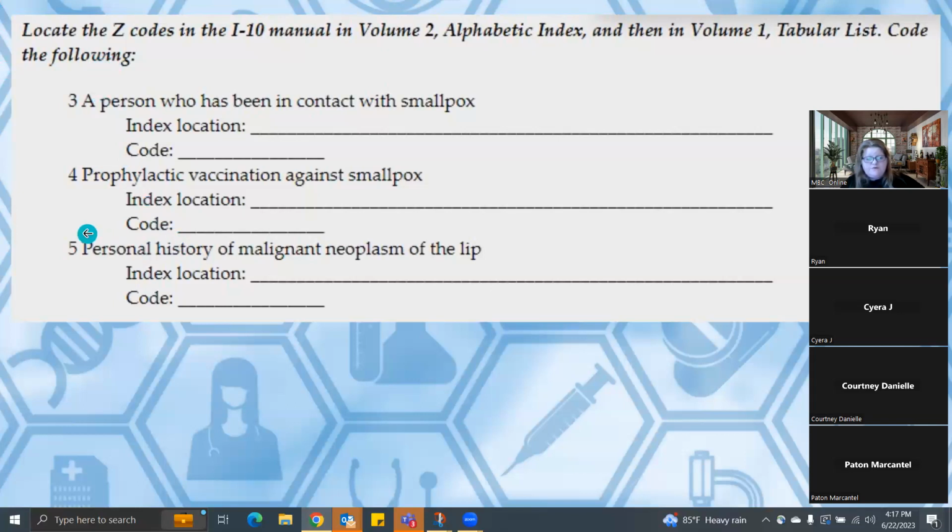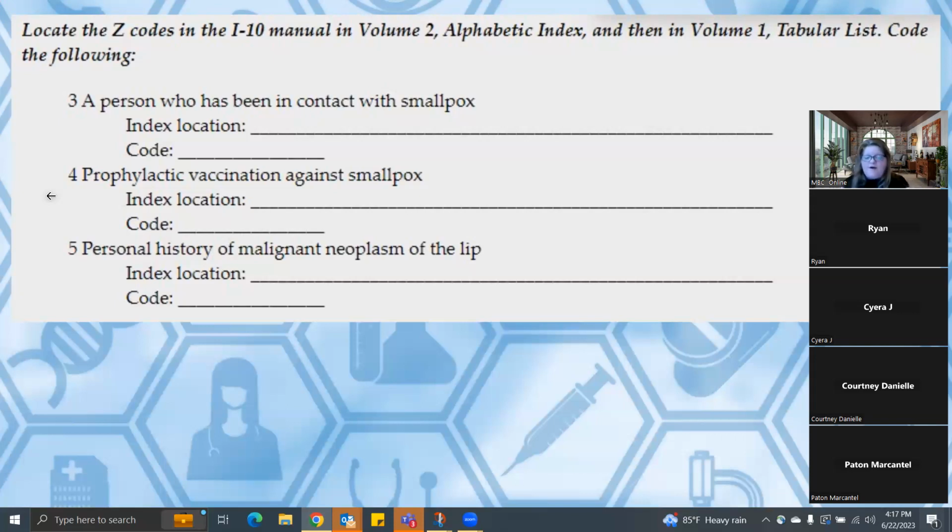All right, personal history of malignant neoplasm of the lip. So this is one of those history ones, right? That's where we're going to start. History, it's going to indent down. You're going to find personal in there, and then malignant neoplasm. And then it gets kind of hinky because you have to pick a body part.